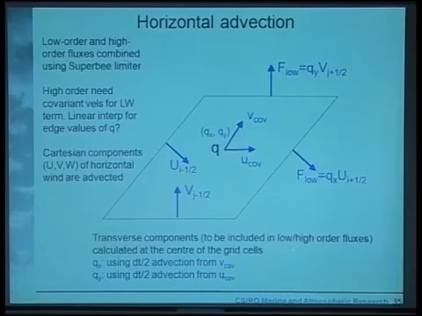The transverse components. This low order is not just the centre value here. It has to take account of the advection in the transverse direction. And so what I'm doing here is I'm producing an intermediate QX and QY at the centre, taking account of this advection in the covariant velocities, and then using those as the edge values.